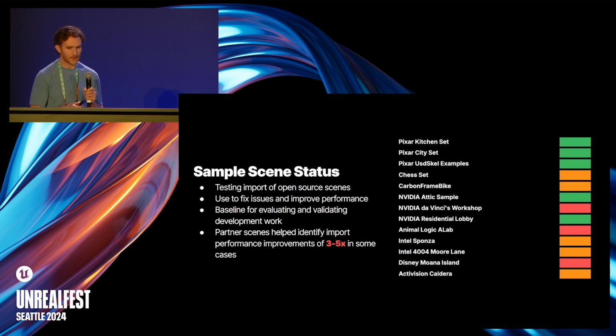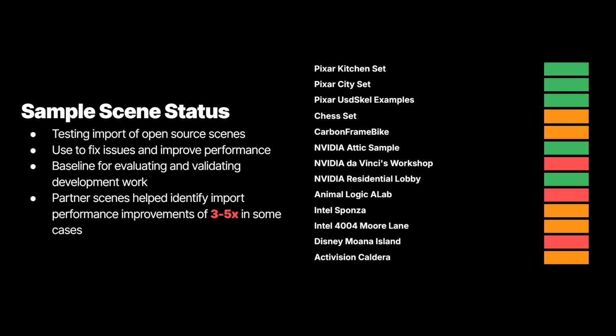And then also wanted to highlight, in working with sample scenes from our partners, including our friends at Sony, we've been able to make some significant improvements performance-wise to the import implementation. In some cases, speeding up the import by 3 to 5 times. I want to caveat that, of course, it may be highly dependent on the way your scene is constructed. So for example, the prim count, the geometric density, the number or resolution of textures.